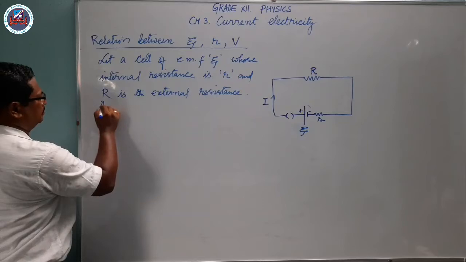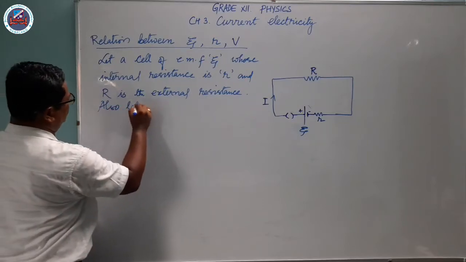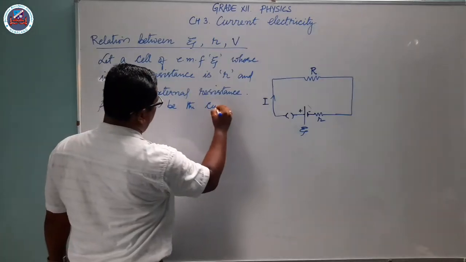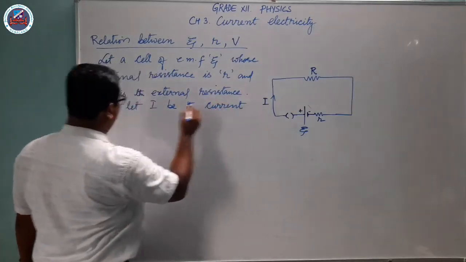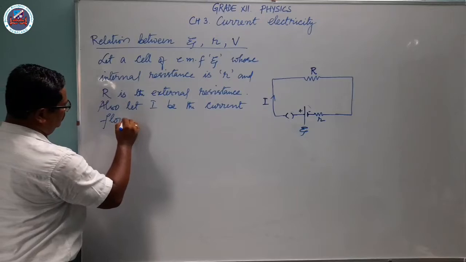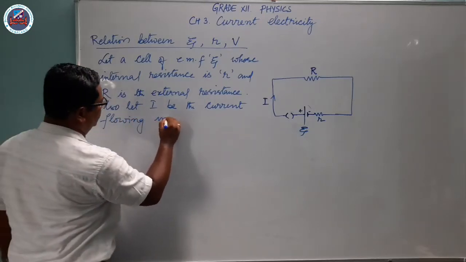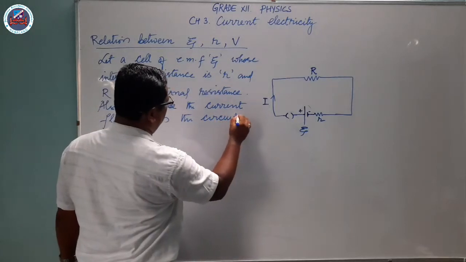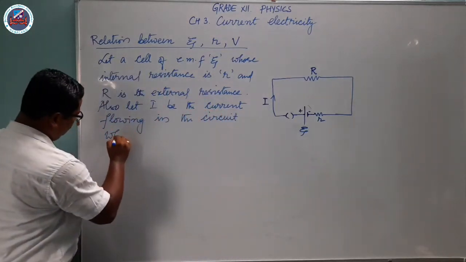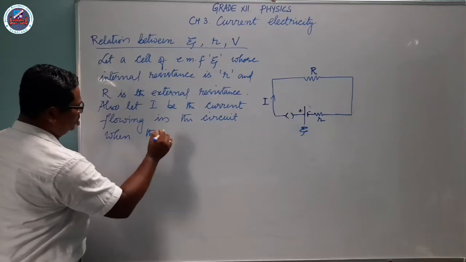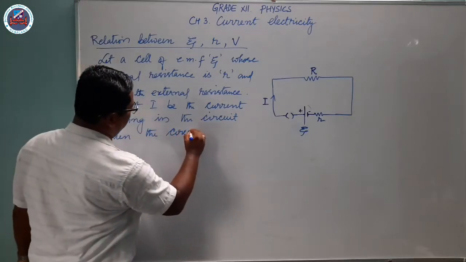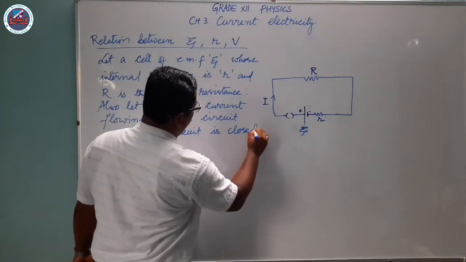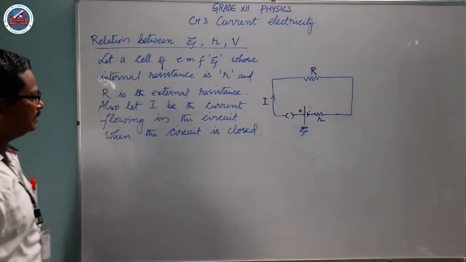also let I be the current flowing in the circuit when the circuit is closed. Let us assume like this.